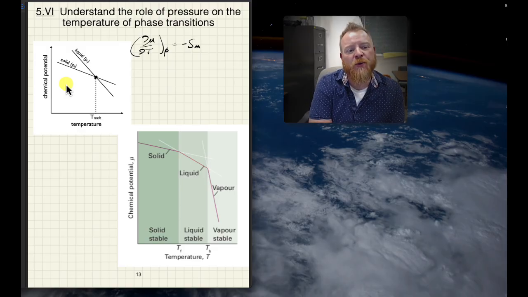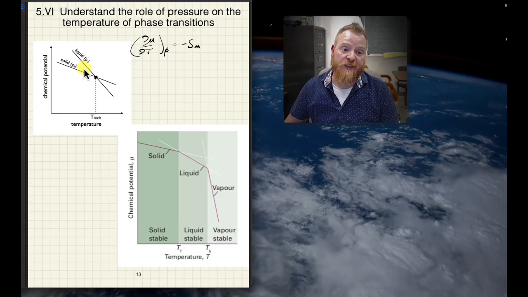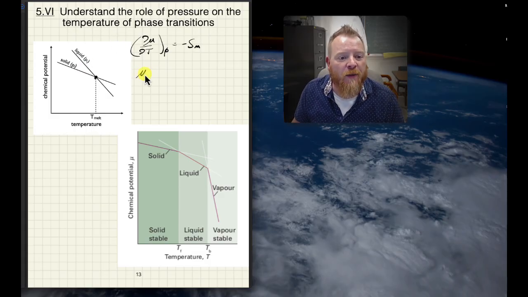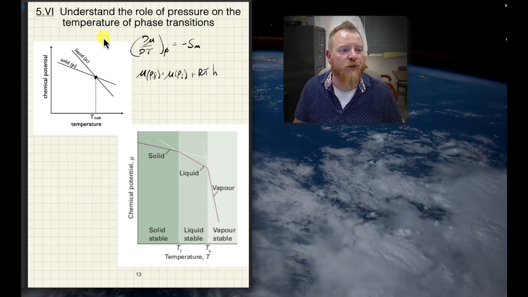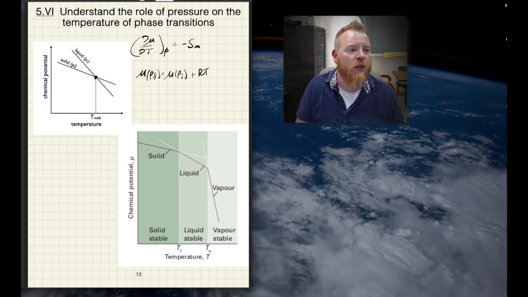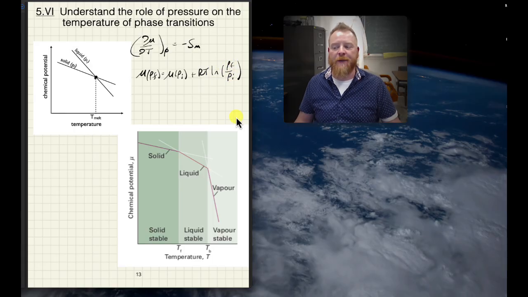So what we want to do is come up with a predictor, some kind of qualitative way of figuring out what's going to happen to this melting point as pressure increases. To do that, we rely on the following equation that we derived a few videos ago, which says chemical potential at the final pressure equals chemical potential at the initial pressure plus RT natural log of PF over PI.